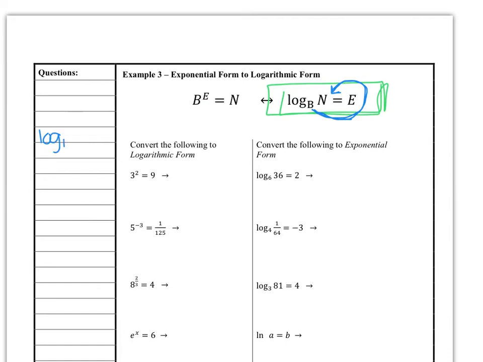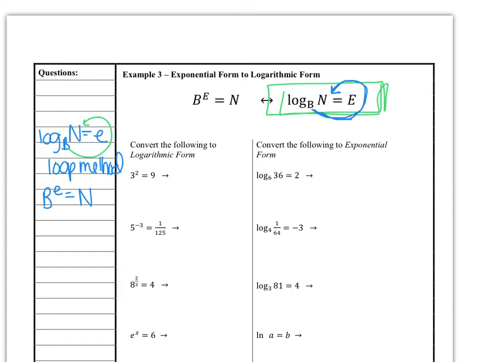So if we have log base b of n equals e, and we loop it, I'm just going to write loop method, then that gives us base to the exponent equals n, right? I just go in the order in which I see it as I hit each part. I start with the base, raise to the e, because that's what I hit next with my loop, and then equals the n.